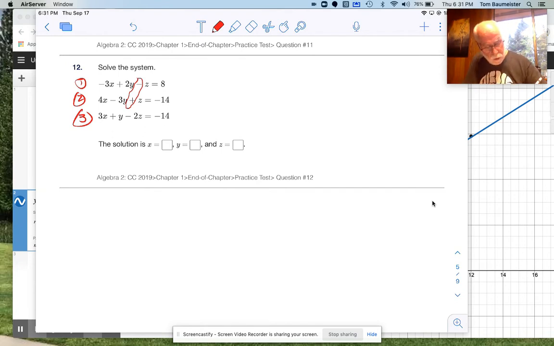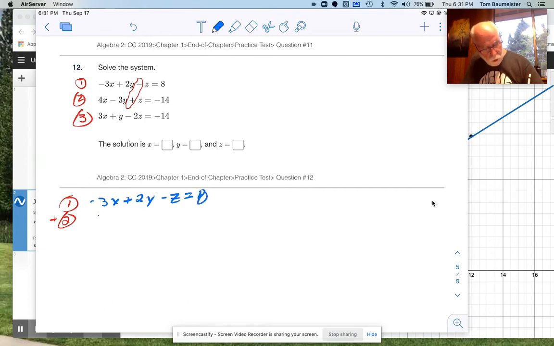So if I just take 1 and add it to 2, I'll get negative 3x plus 2y minus z is equal to 8.